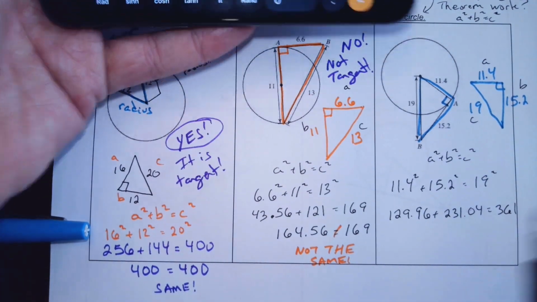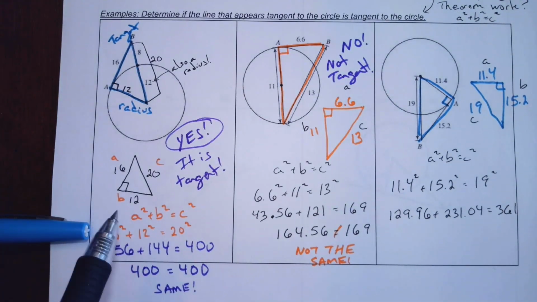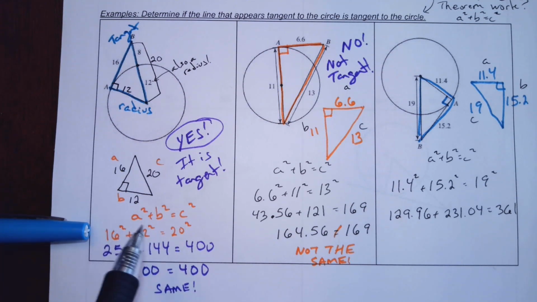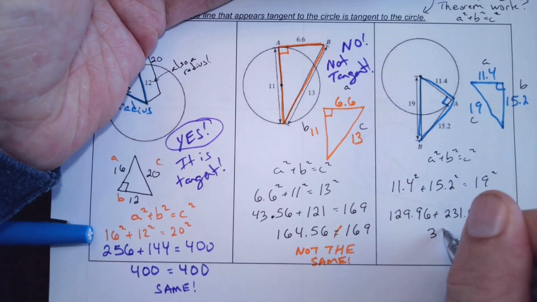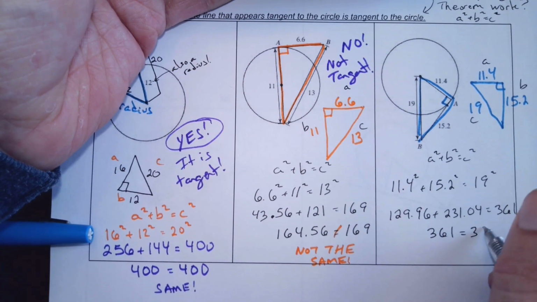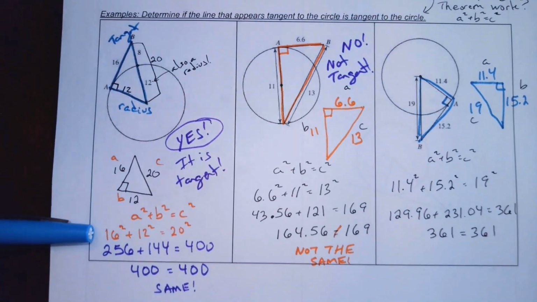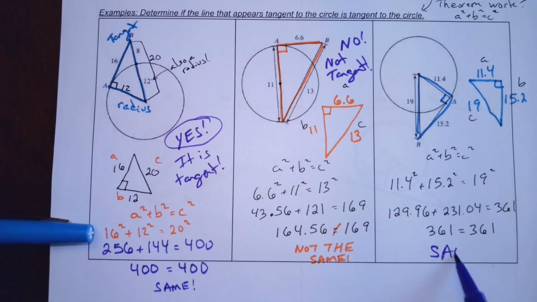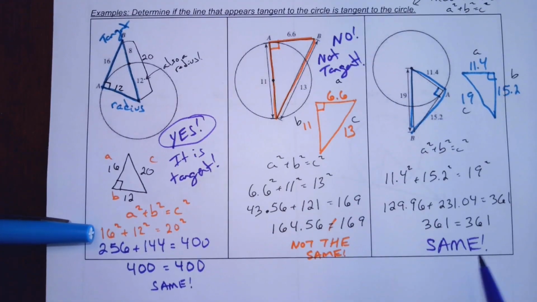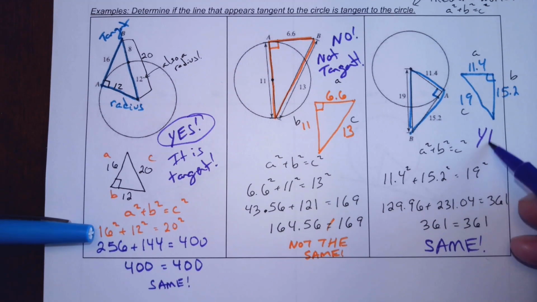So we need to add these two together. So 129.96 plus 231.04 is 361. 361 equals 361. That's the same. So the answer is yes.